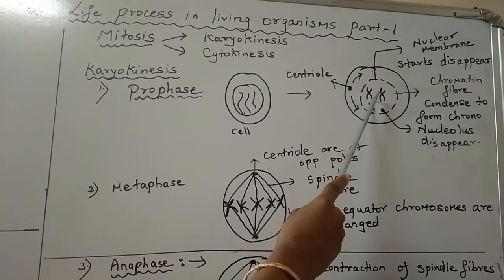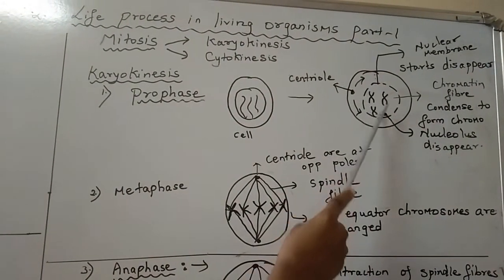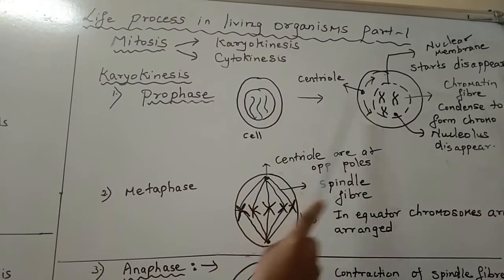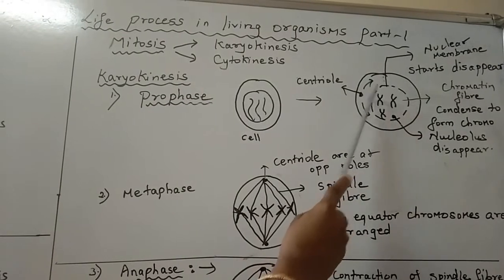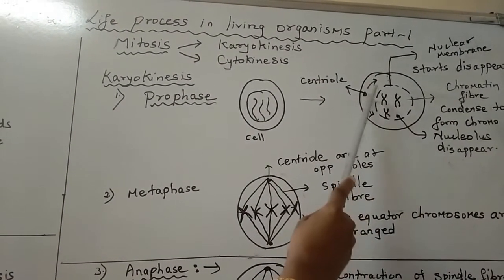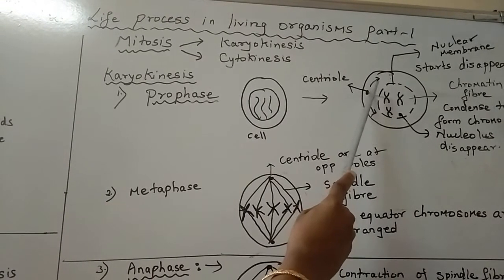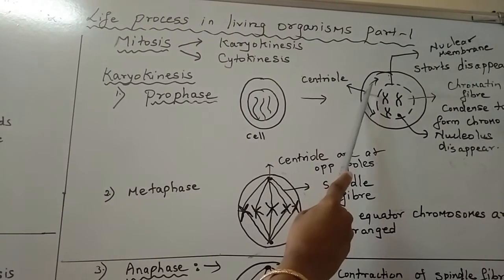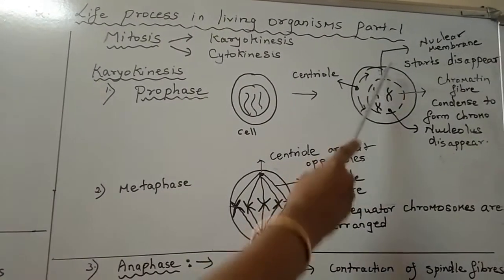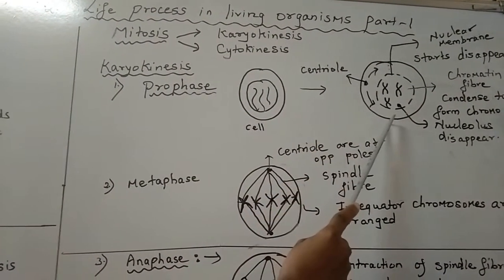And the chromatin fibers condense themselves to form the chromosomes. आणि हळूहळू या क्रोमॅटिन फायबर्सचं आकुंचन होतं आणि त्याच्यापासून काय तयार होताना दिसेल? क्रोमोझोम्स तयार होताना दिसेल. Similarly, there are two centrioles. The centrioles, half of them will go to the North Pole and South Pole. So they will arrange themselves at the two poles.